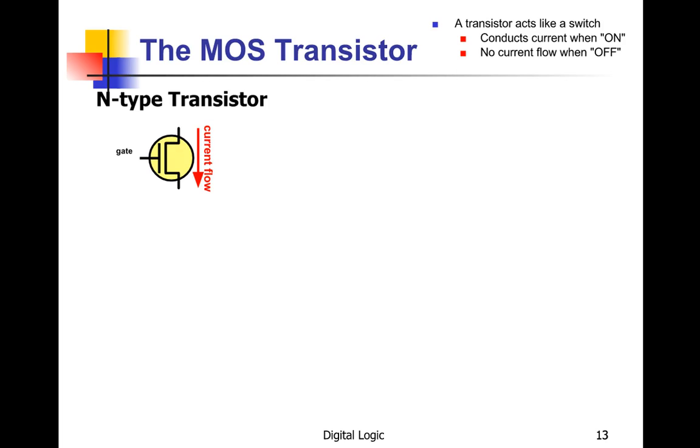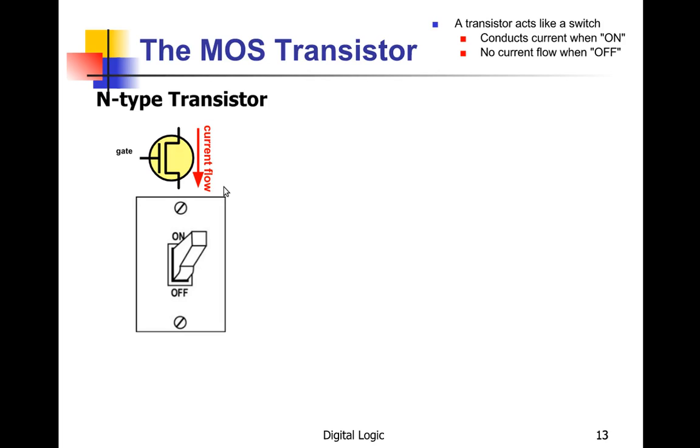There's a gate over here on the left, and basically what happens when you put a positive charge on the gate, it attracts negative electrons right along the channel here and makes a channel where current can flow down through the device. But if you don't put the positive charge on the gate, it doesn't attract the negative charges, and then current doesn't flow.